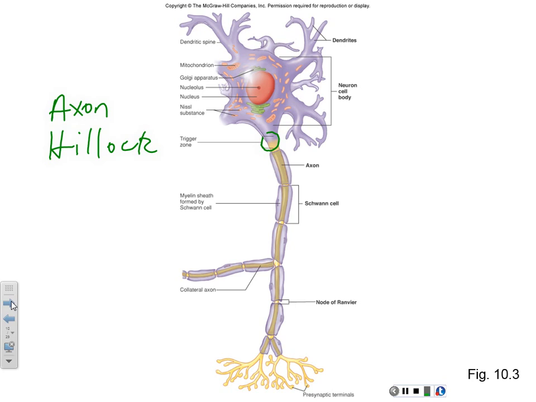The ones that are not myelinated will be part of the gray matter because they're not white. Only the myelinated axons will be part of the white matter. At the end, I'll talk about what makes up gray matter and white matter. The only thing that can make up white matter in the brain is those myelinated axons, because those are the only pathway that gets myelinated. Dendrites don't get myelinated, they're way too short.